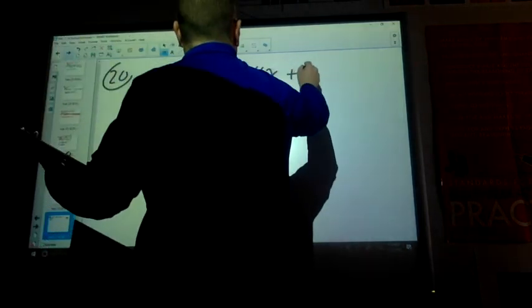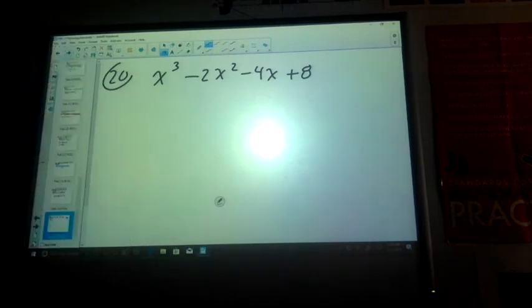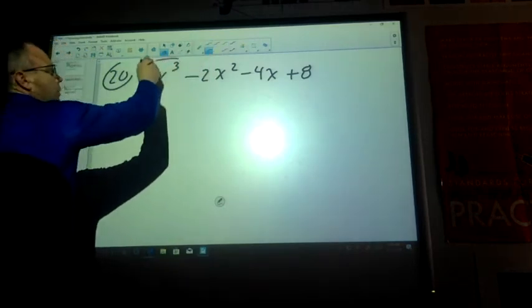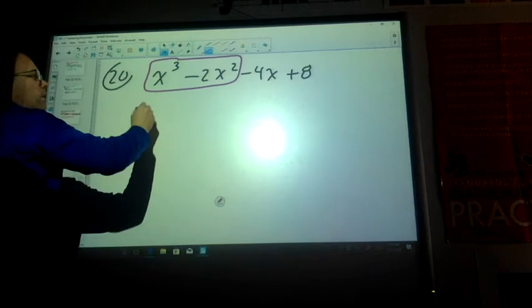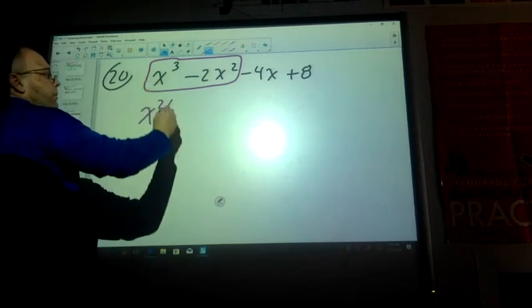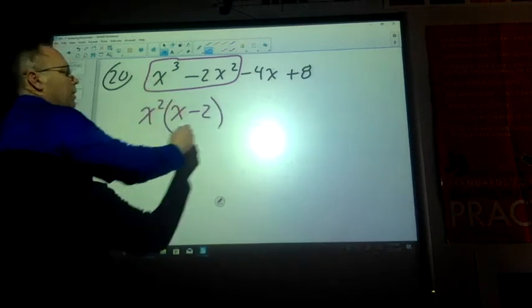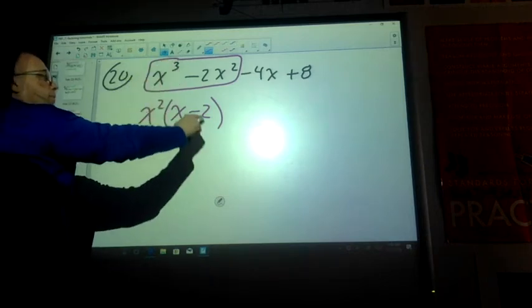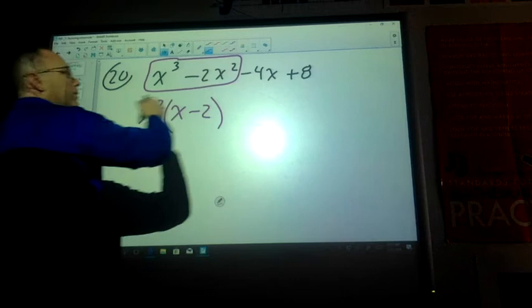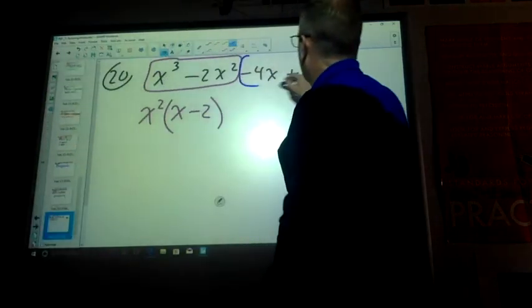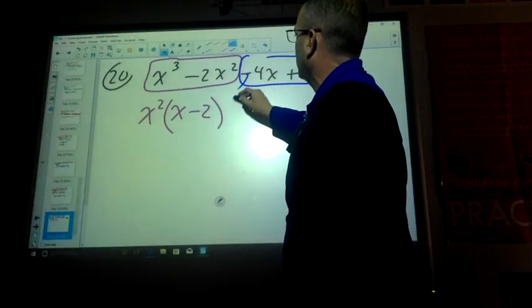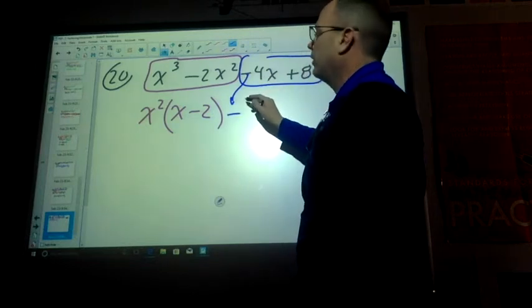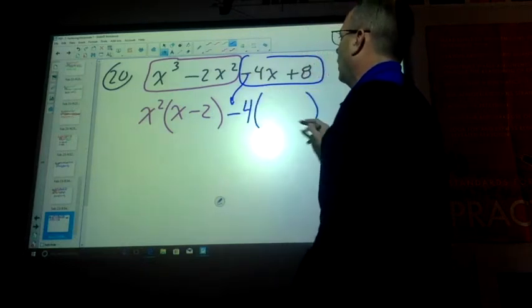Okay. 4 terms, yes? So with those 4 terms, we're going to say, what do I have in common between these? Looks like I can factor an x squared out. That leaves me x minus 2. Does that make sense? Because x squared times x is x to the third, and x squared times negative 2 is negative 2x squared. Then I'm going to look here. Remember I said this sign has to match right here. So I'm factoring out a negative 4.